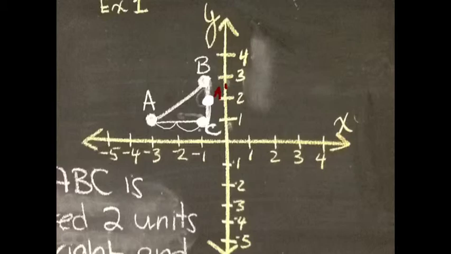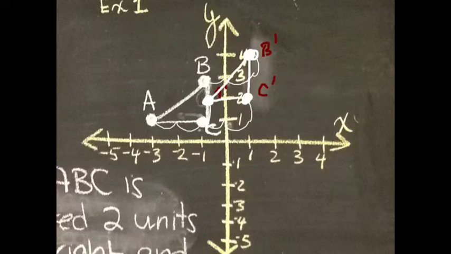I do the same exact process: I move it over 2 spaces to the right and then 1 space up. And there's my new B prime point right here. Then doing the same thing, we get C prime. So here is our translated image.